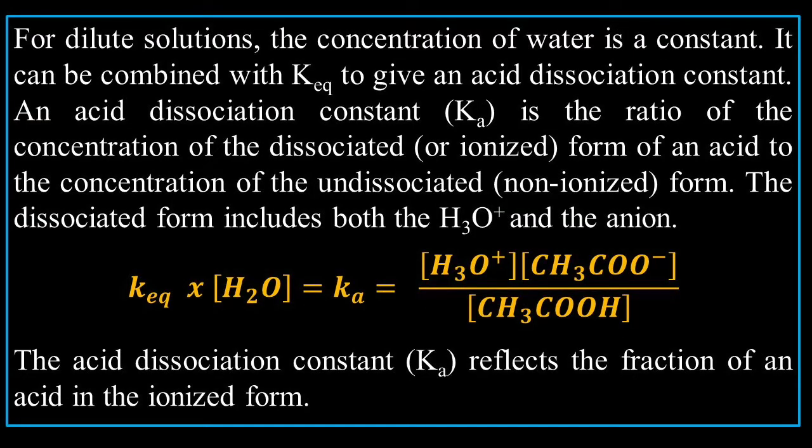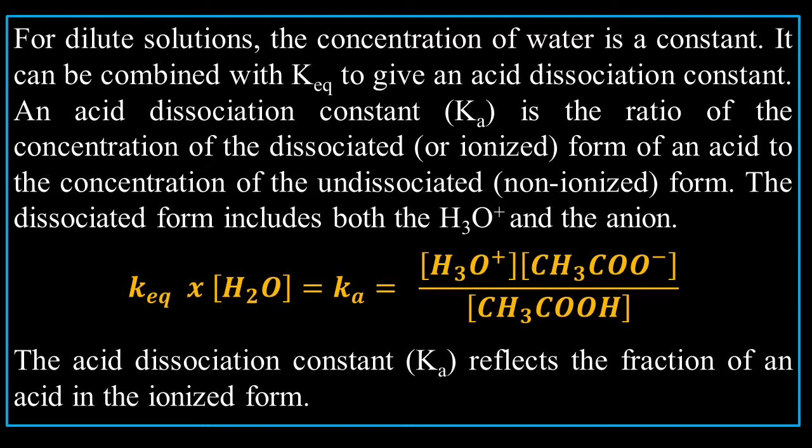For dilute solutions, the concentration of water is a constant. It can be combined with KEQ to give an acid dissociation constant. An acid dissociation constant, Ka, is the ratio of the concentration of the dissociated or ionized form of an acid to the concentration of the undissociated, non-ionized form.